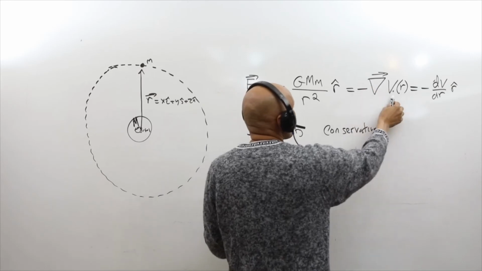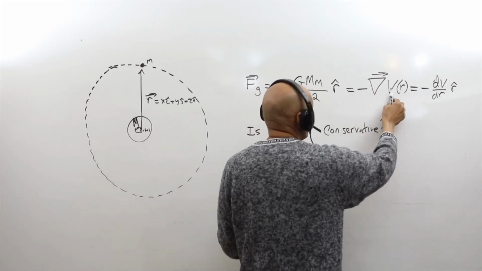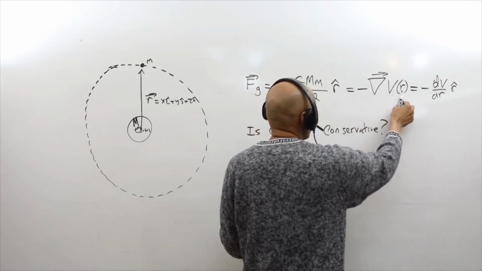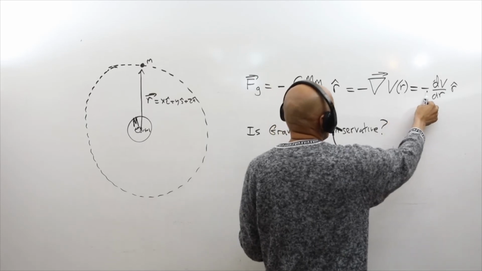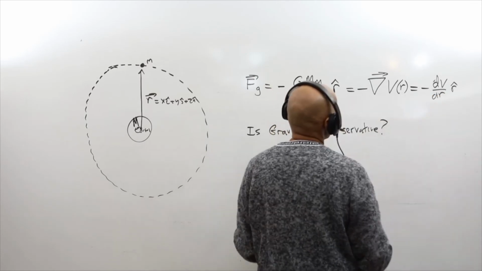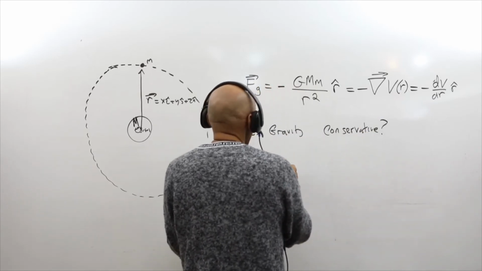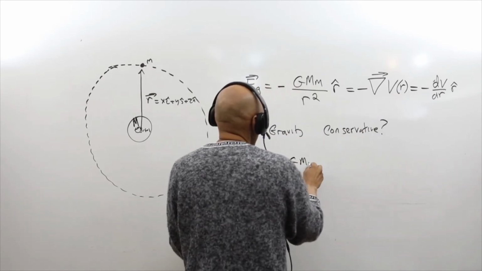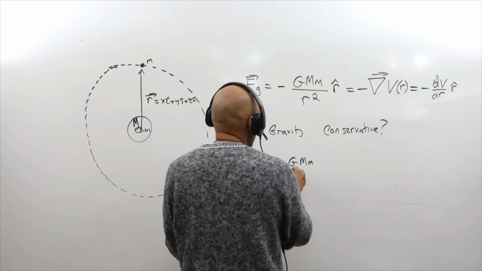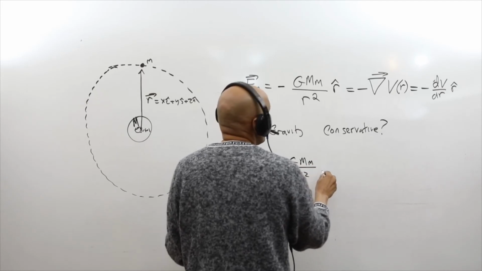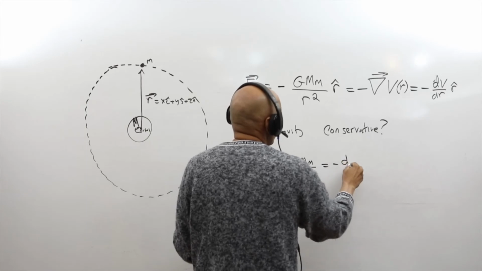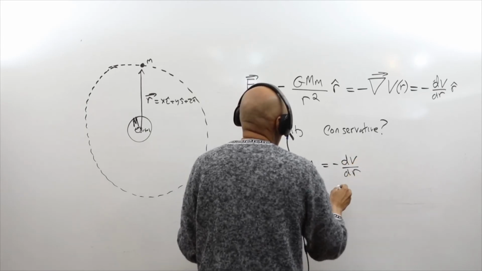We already know the gradient of any function of the radial distance is given by dV over dr. The minus carries with it. If we equate both sides, we're saying minus G, mass of the Earth, mass of the satellite over r squared is equal to minus dV dr.